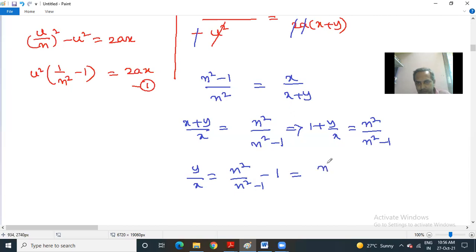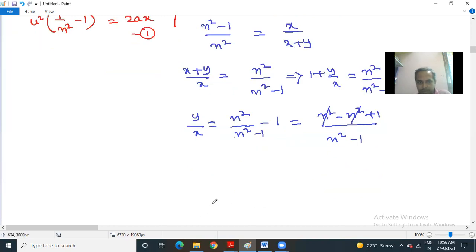You will get n square minus (n square minus 1), which means minus n square, plus 1, divided by n square minus 1. So n square cancels. Finally, it comes to rest after traveling a further distance y is equal to x by n square minus 1. In a competitive exam, this might be the direct question.